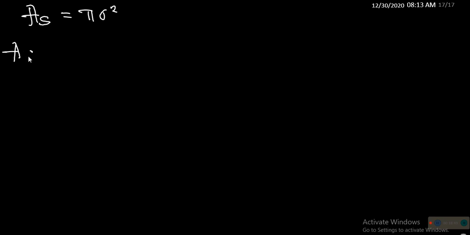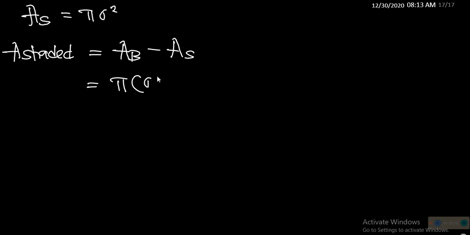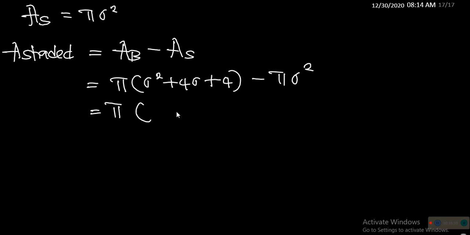So the shaded area is the area of the big circle minus the area of the small circle, which is pi into (r squared plus 4r plus 4) minus pi r squared. Factor out pi, which is common.